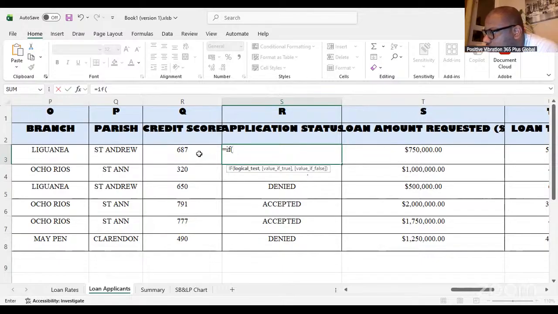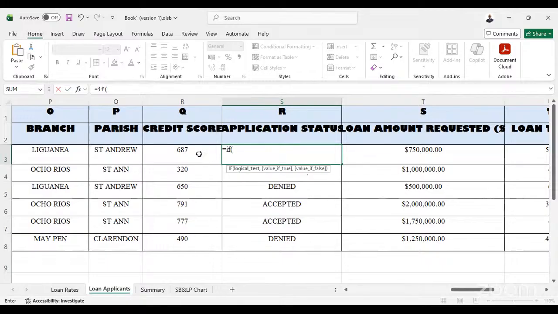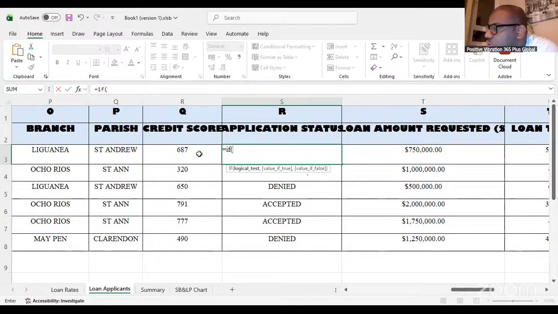Good and up? Fair. So if the score is between poor and fair, persons are denied, which means if it is good and above, it is approved. So you're going to choose here, and you're going to do if greater than or equal to 720, then you set this to approve.